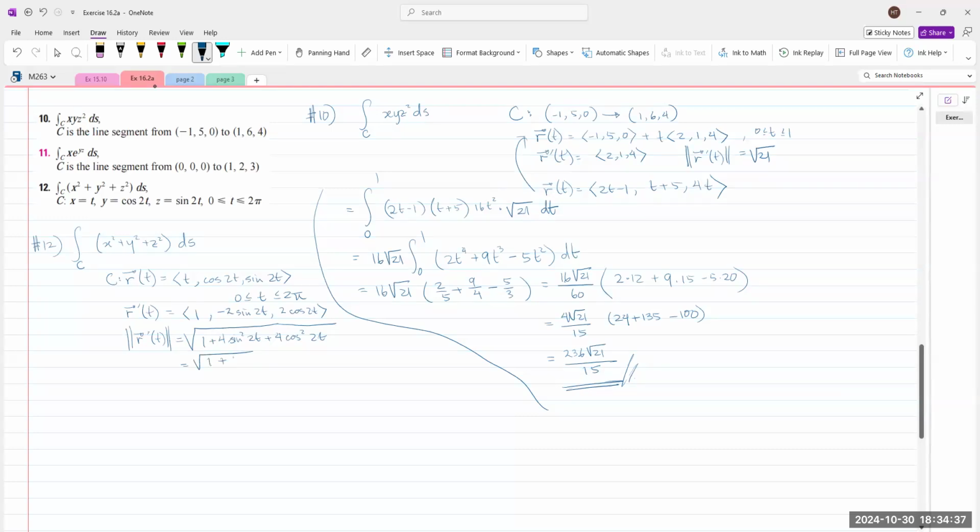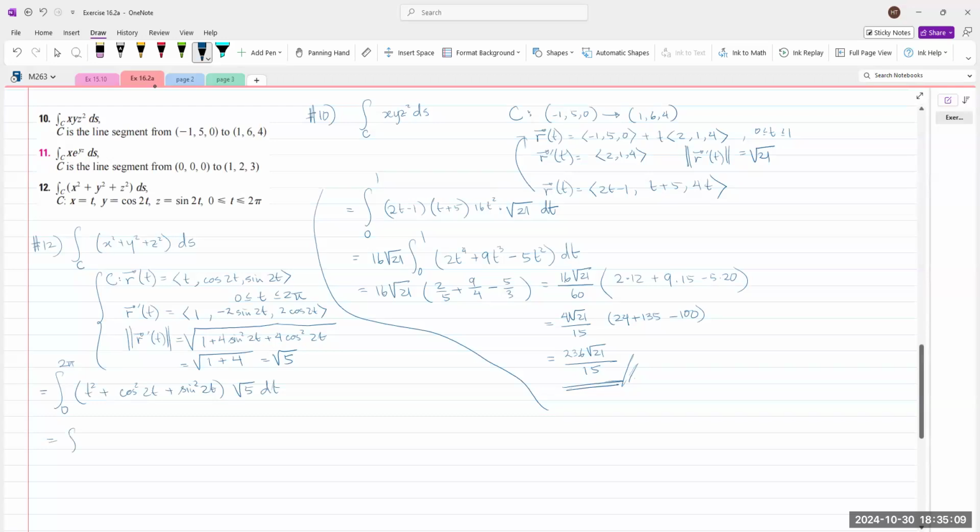That's 1 plus 4, that's square root of 5. Okay, nice. So the integral now will be from 0 to 2 pi. X squared becomes t squared, plus y squared and z squared become cosine squared 2t plus sine squared 2t. Oh, that becomes 1, huh? Square root of 5 dt.